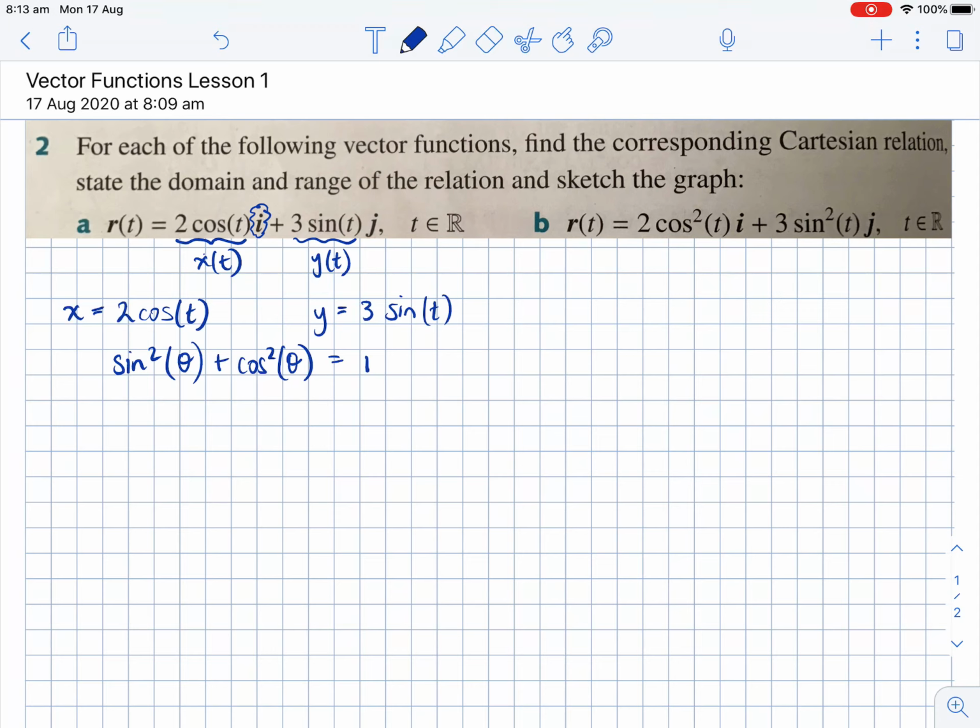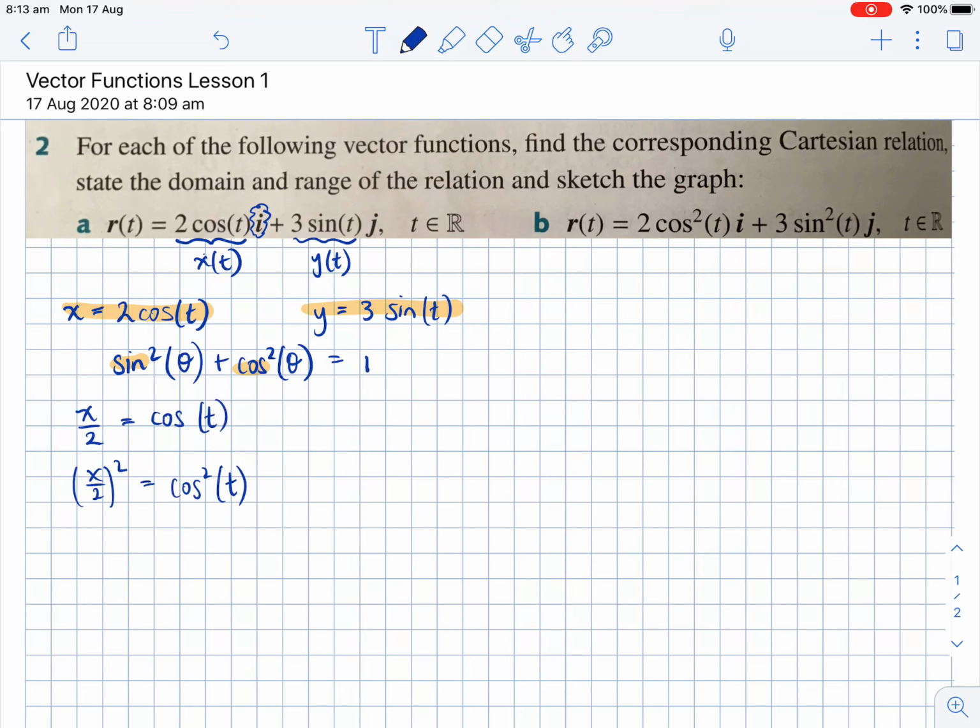Okay, so to do this, I'm going to rearrange the x and the y expressions to get a sine and a cos, which is pretty straightforward. For my x term, x on 2 is the same as cos t. If I square that, I get x on 2 squared is the same as cos squared t.